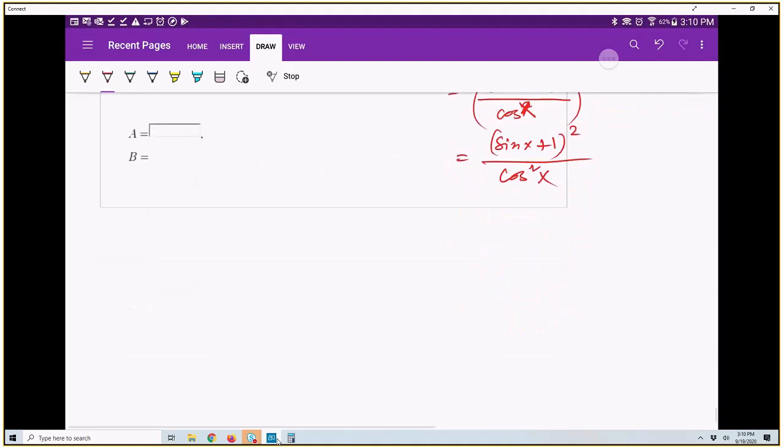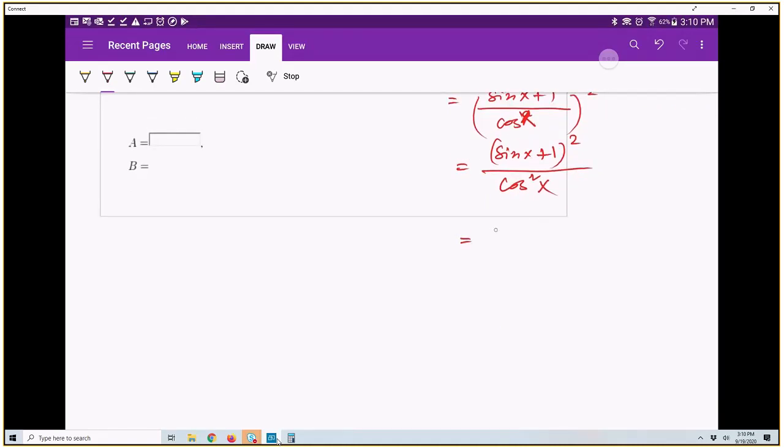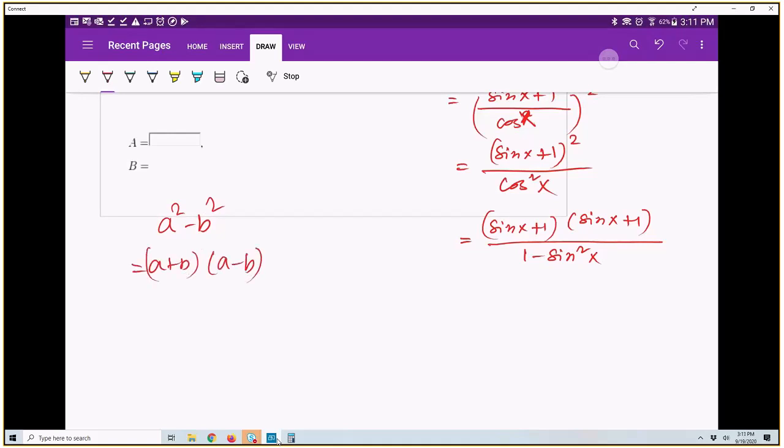That's just taking the square on the top and bottom. So on the top you get sine x plus 1 times sine x plus 1. That's the square. On the bottom, cosine squared is 1 minus sine squared x. Again, remind yourself, a square minus b square is a plus b times a minus b. That's the factor. So I get to say this is sine x plus 1 times sine x plus 1 over 1 is 1 square, so it's 1 plus sine x times 1 minus sine x.